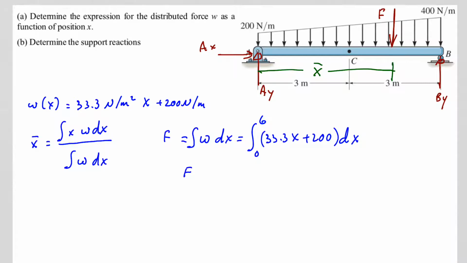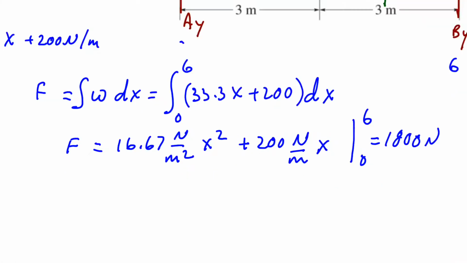If we integrate this, we get that F is now equal to 16.67 newtons per meter squared times x squared plus 200 newtons per meter times x. We're going to evaluate that from 0 to 6, and if we integrate this and put in our values from 0 to 6, we end up with 1,800 newtons.